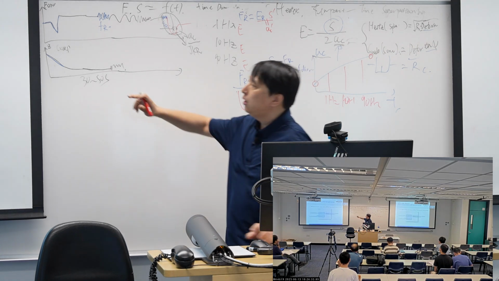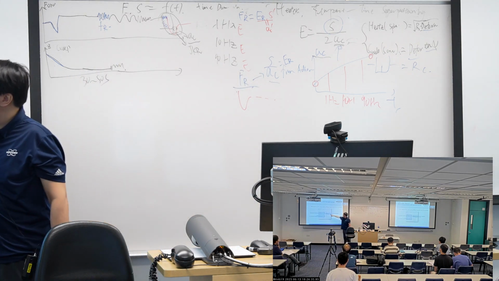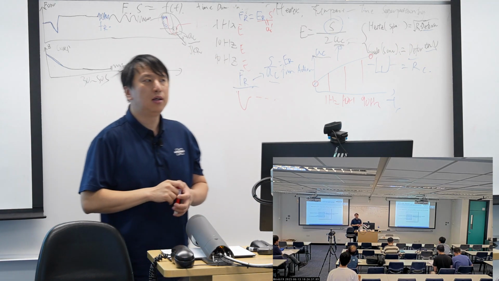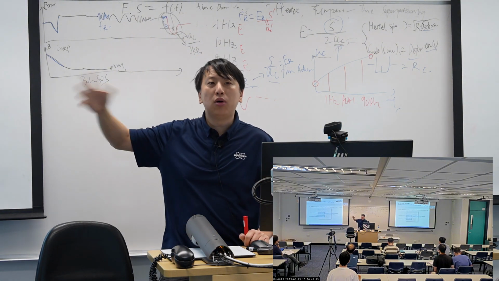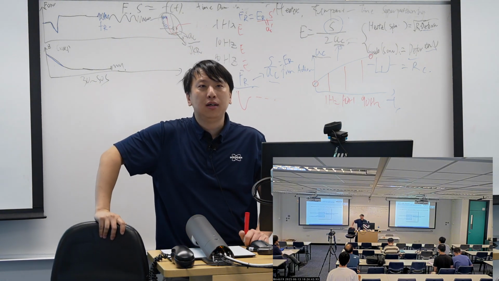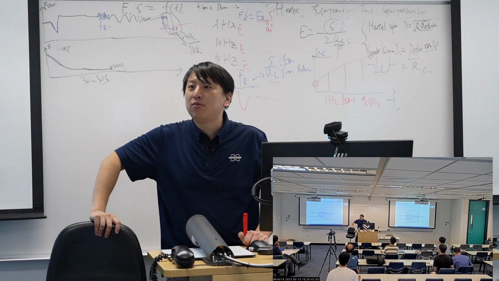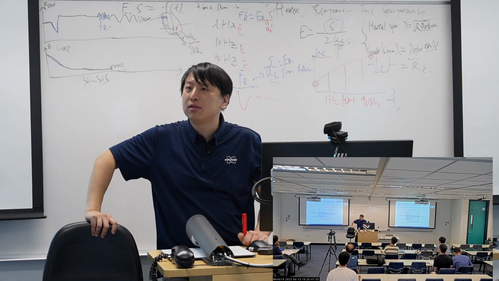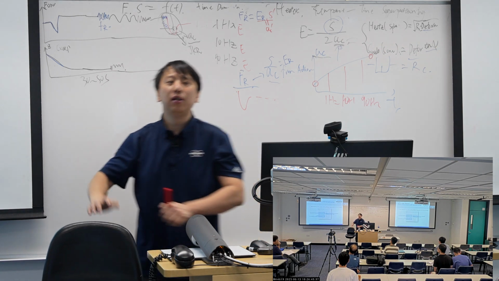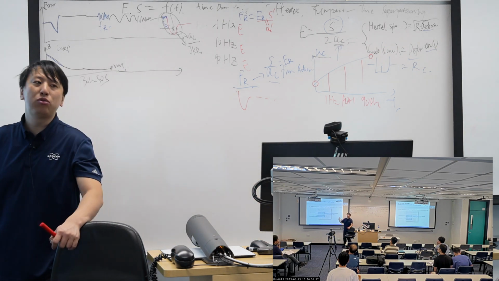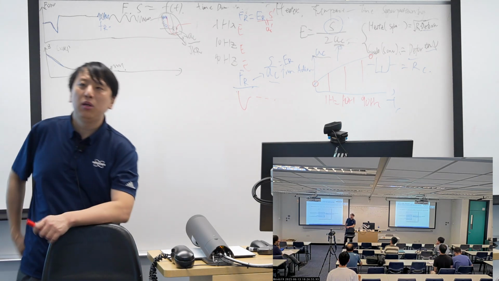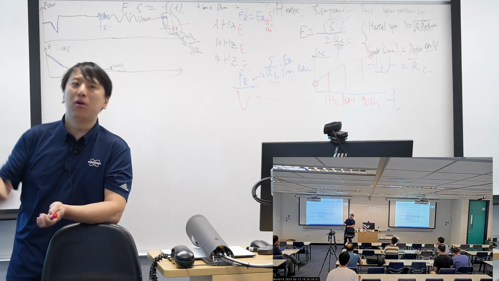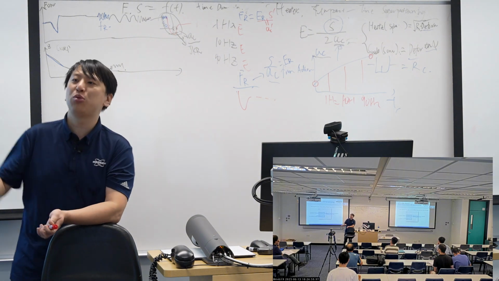Ideally, to set up the reference frequency, the concept is that we need to avoid the AC mains frequency. What's the AC frequency in Hong Kong? Is it 50 or 60? 50. Okay, so we should avoid 50. So for the reference frequency, we avoid 50 or 100 or 150 or 200.